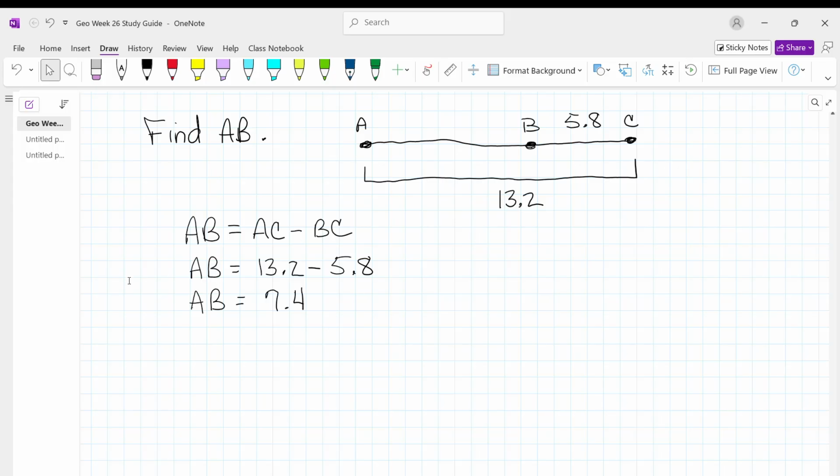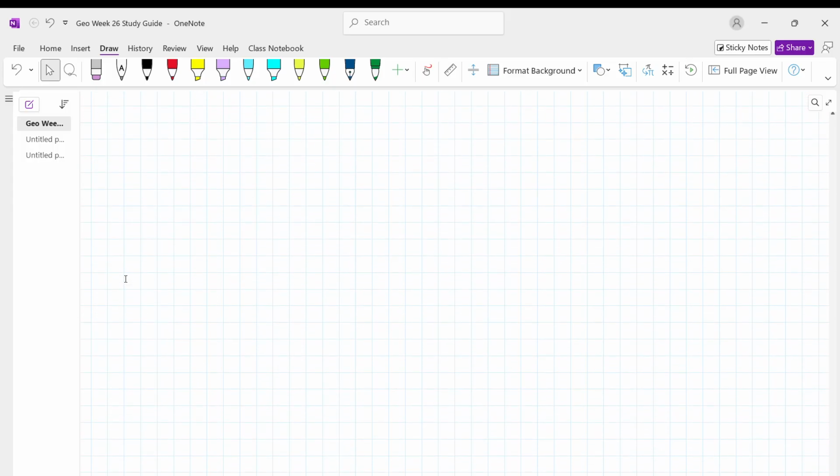All right, then let's look at a few more examples. Let's say that you're asked to find W to Y. And we've got this segment here with points W, Y, and X on there.